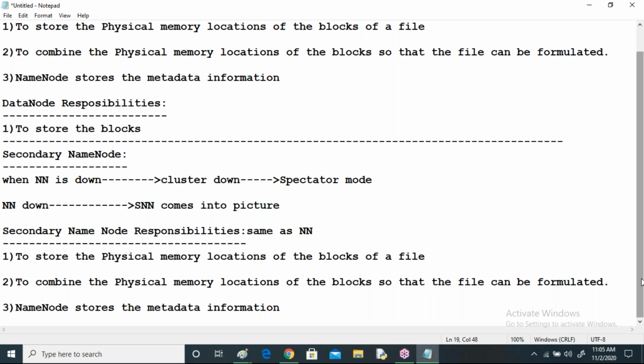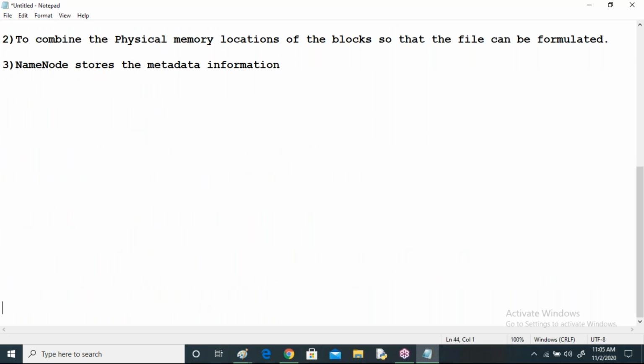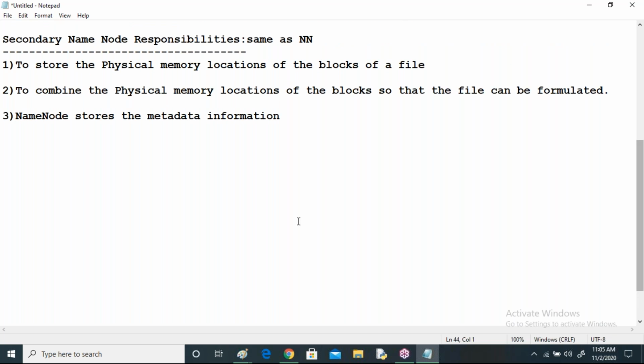Same as name node. But if you observe here, secondary name node, SNN, is not a 100% backup node for name node.